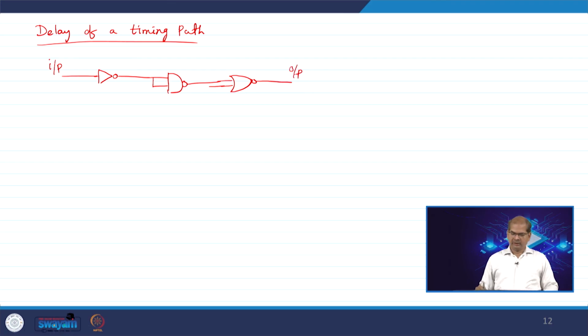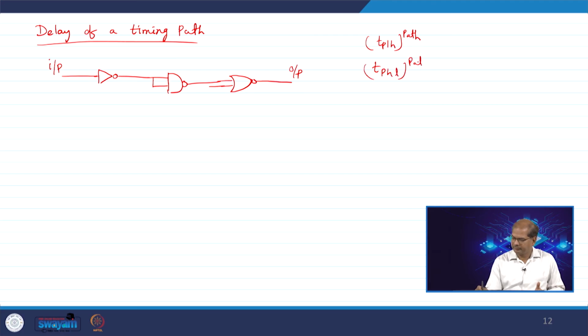Okay. So, we need to find the complete delay, complete cell rise for the complete path and cell fall for the complete path, that is called tPLH for the path, tPHL for the path. Okay. So, how can I do that?